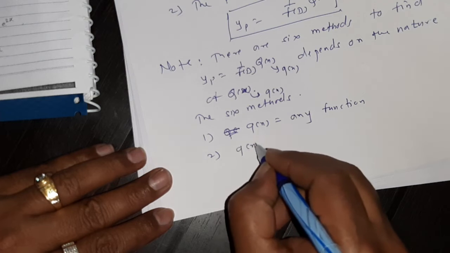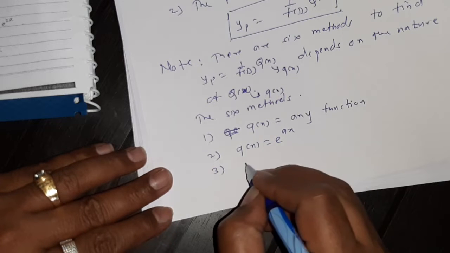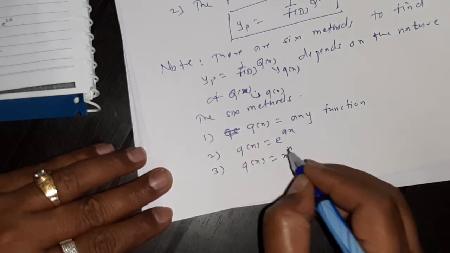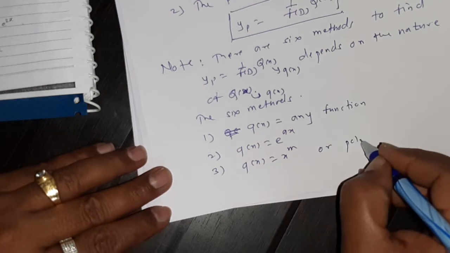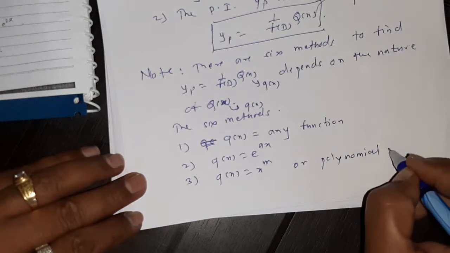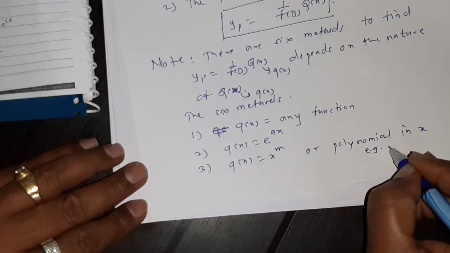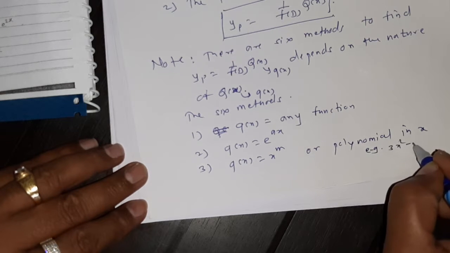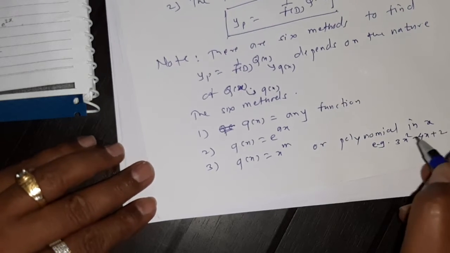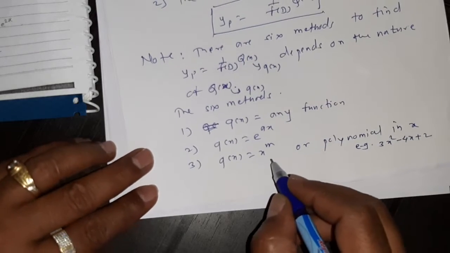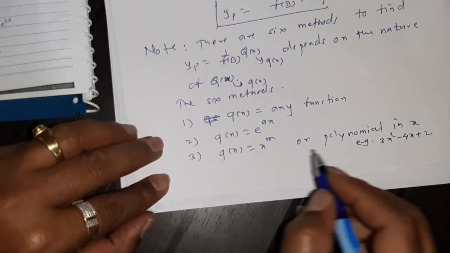The second is when Q(x) is e raised to ax. The third is when Q(x) is x raised to m, or a polynomial in x. For example, 3x squared minus 4x plus 2 is a polynomial in x.